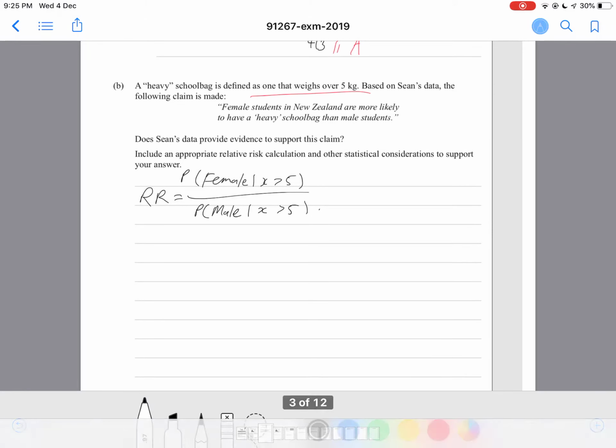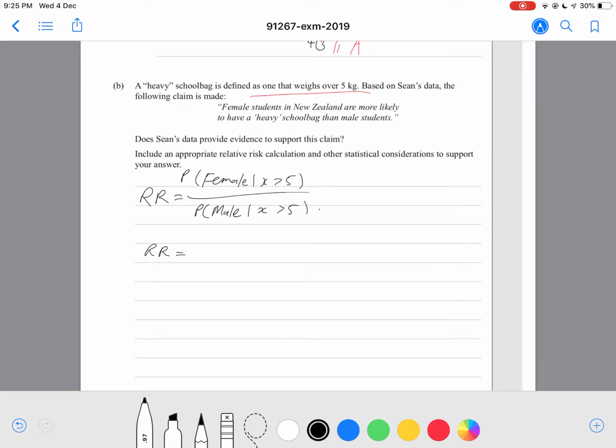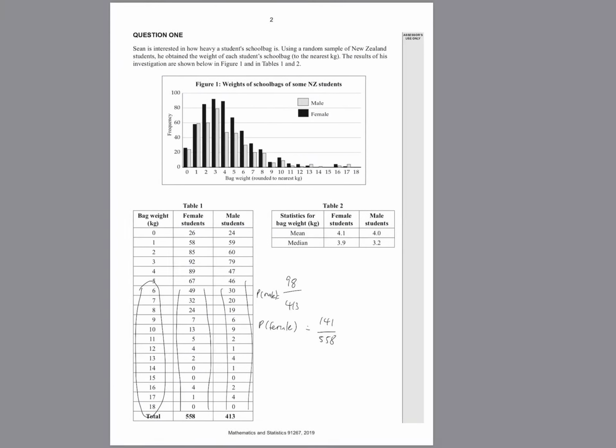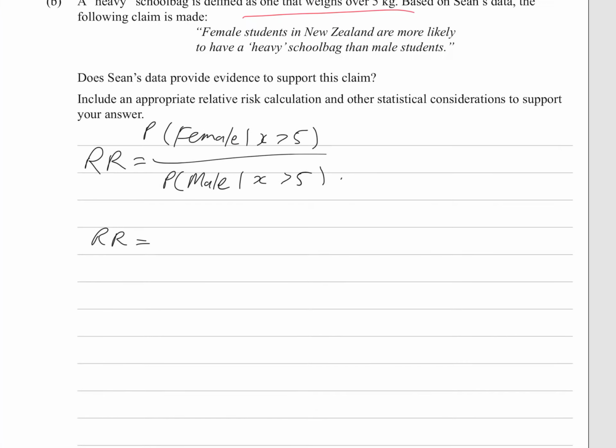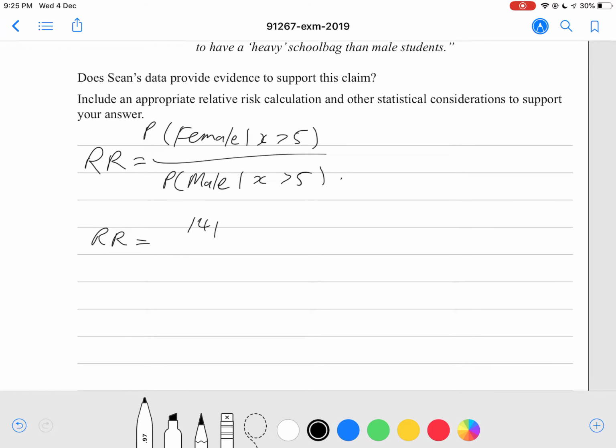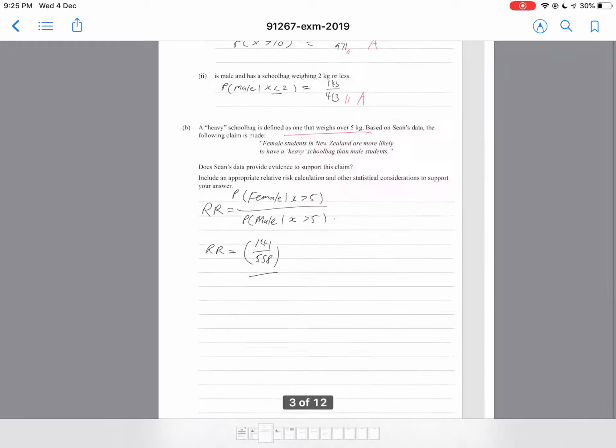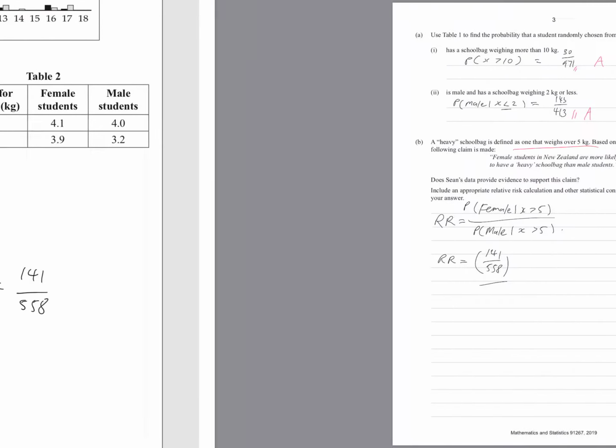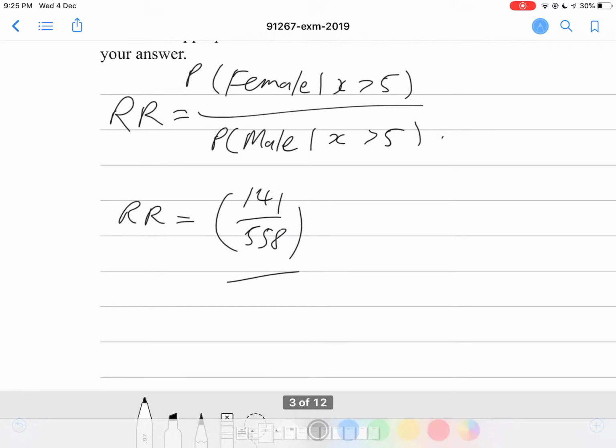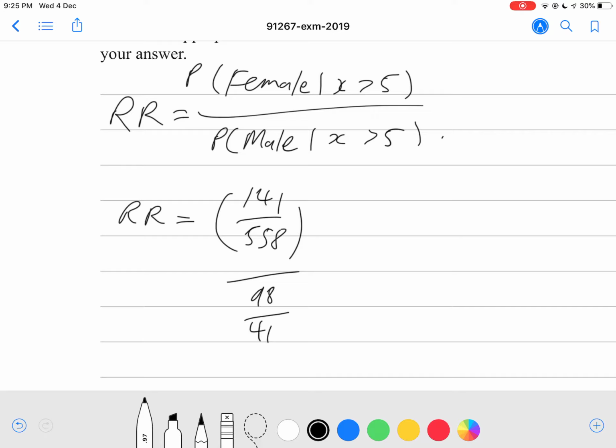Relative risk is equal to 141 over 558, over 98 over 413. And calculator work here.